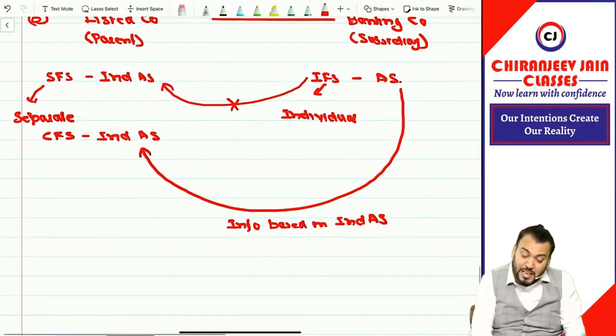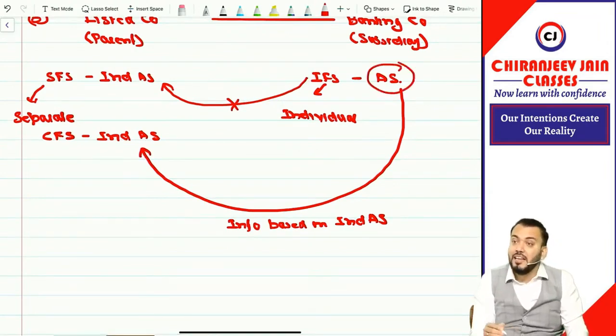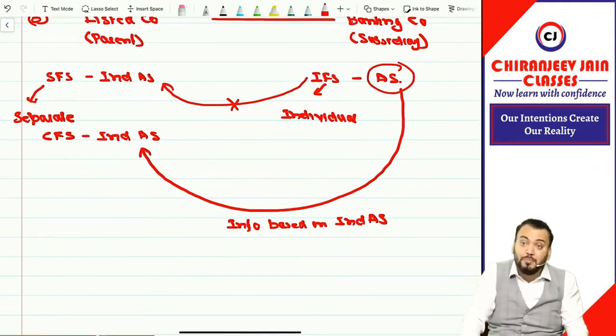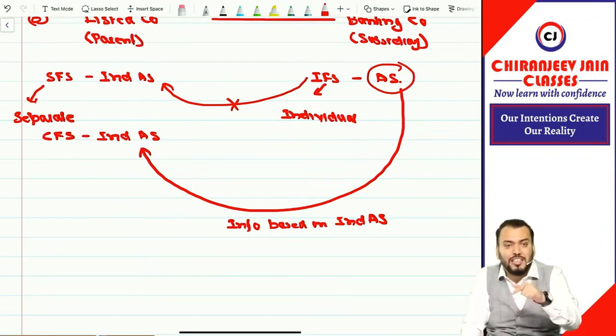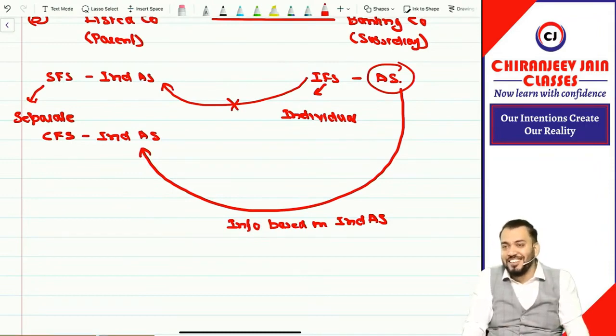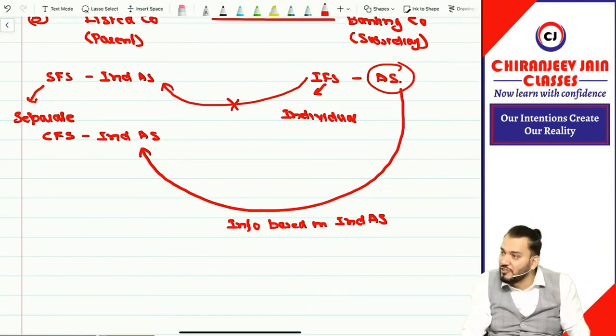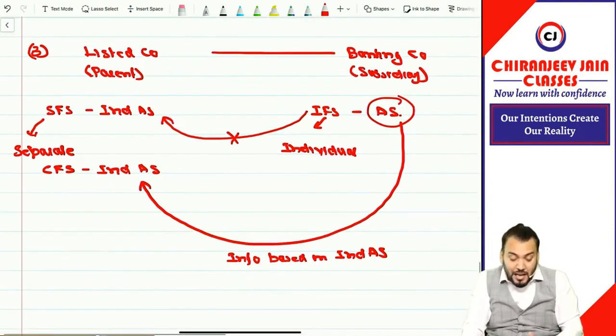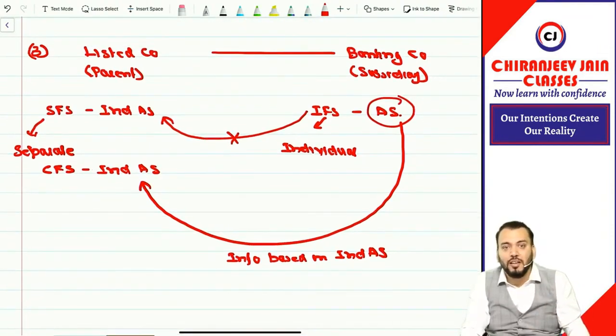For reporting purpose they are preparing as per AS, but for consolidation purpose they should provide information based on Ind AS. Means indirectly Ind AS is applicable. Indirectly applicable, but for reporting purpose not applicable. Otherwise consolidation is not possible.